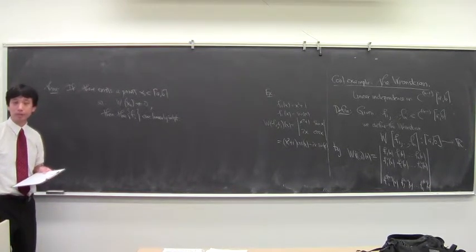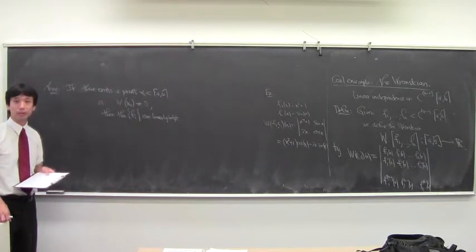So if there exists a single point where the Wronskian is non-zero, then that guarantees that the functions are linearly independent.